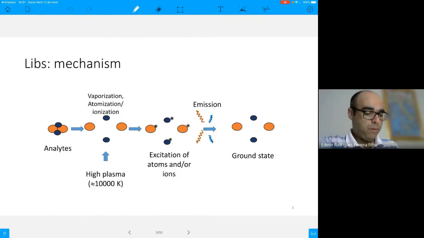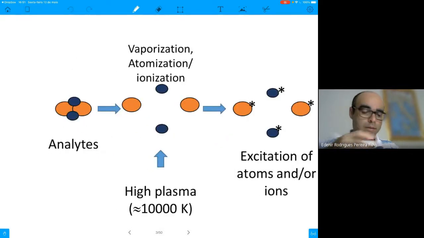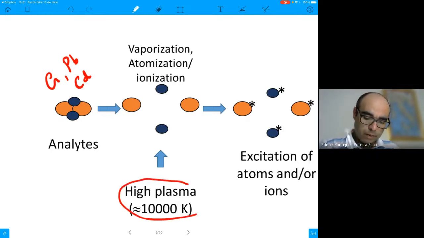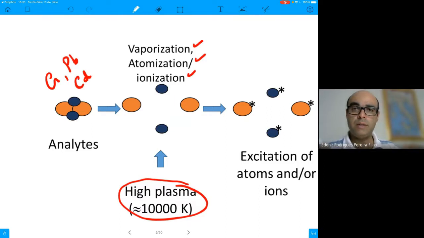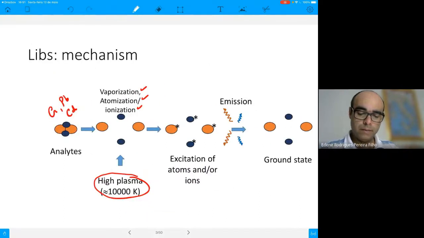For example, we have analytes, for instance, chromium, lead, cadmium, and when we focus a high energy plasma on this type of sample, we can have vaporization, atomization, and ionization of the constituents.